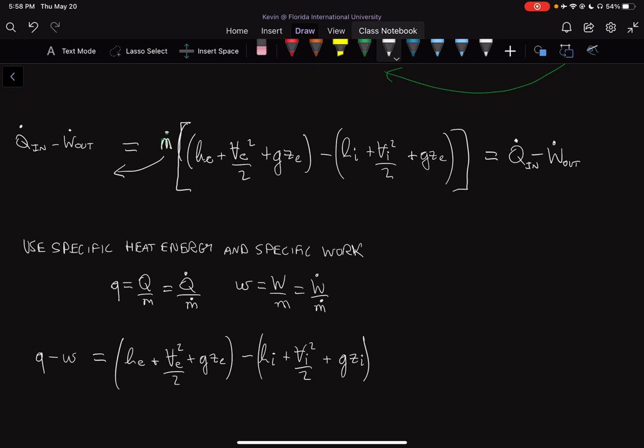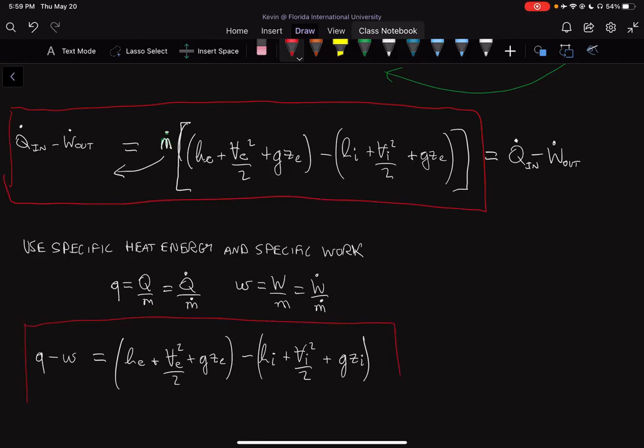So we have two forms of the equation. We have one form that says that Q dot in minus work dot out is equal to m dot times this, but we can also use this other equation, which is using the specific form.